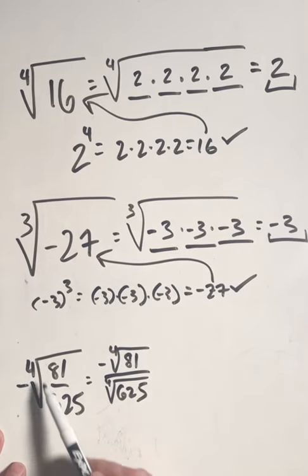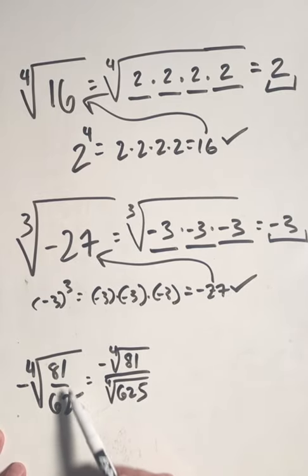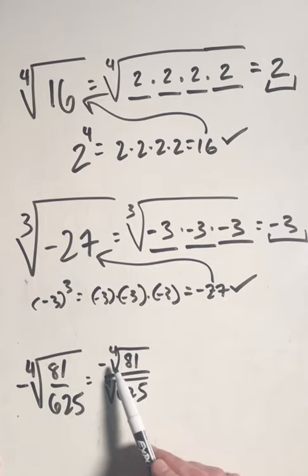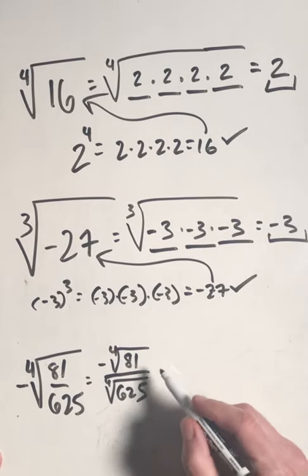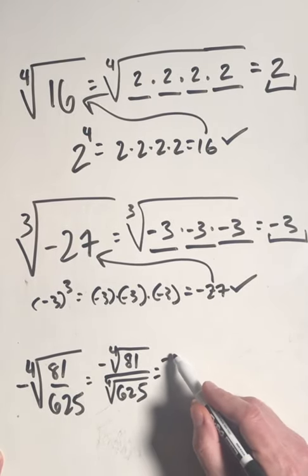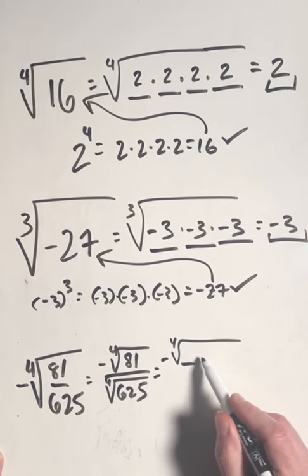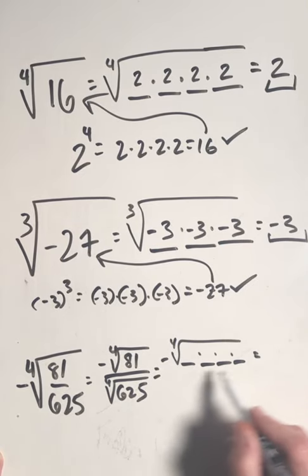So again, I had a root of a quotient, so a root symbol over division, and then that was equal to dividing the root symbols of both the numerator and the denominator. And like I usually do, I will keep the negative with the numerator. So now I'm looking for a negative of some number that is a repeated factor 4 times to equal 81.